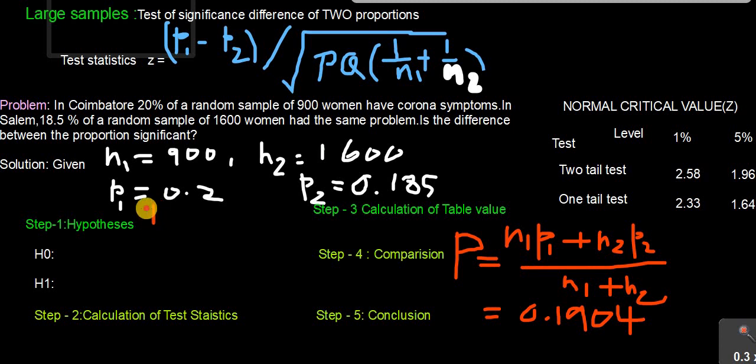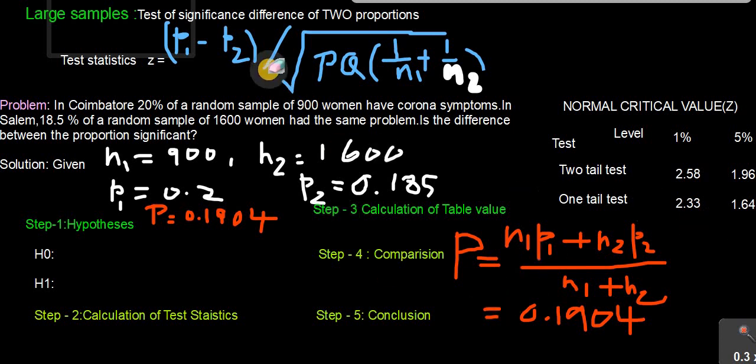Capital P equals 0.1904. So we have got the P value.